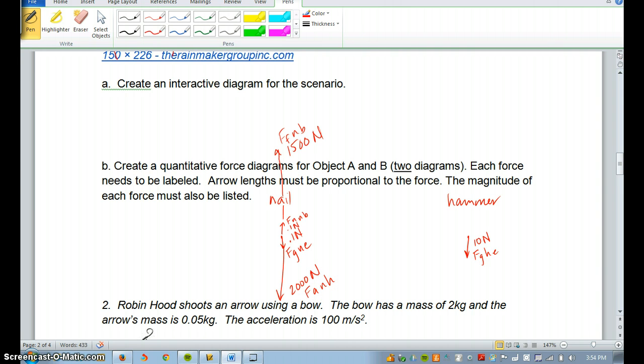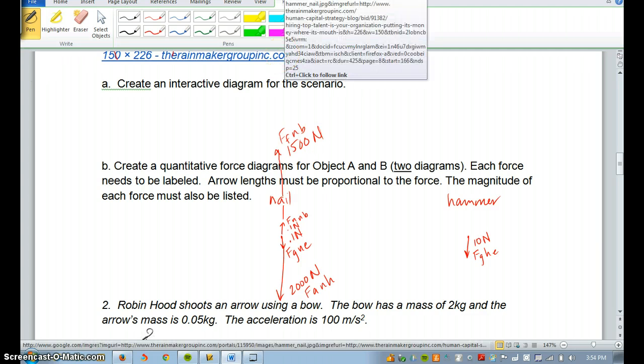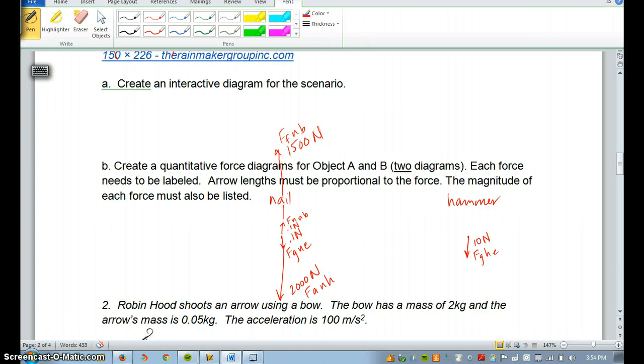So just to review again, we're saying that the nail is pushed down by the hammer with a force of 2,000 newtons. The frictional force, which is opposite that, if you look above again to what is being said, had a frictional force of 1,500 newtons pushing up, or the opposite way.